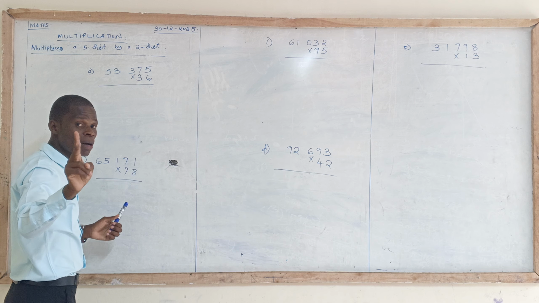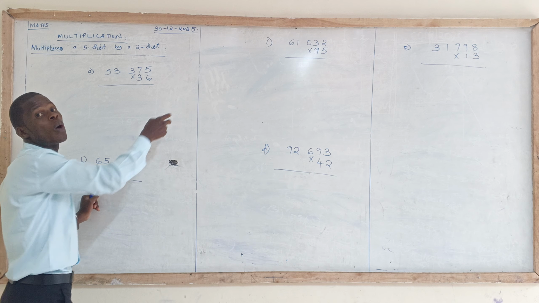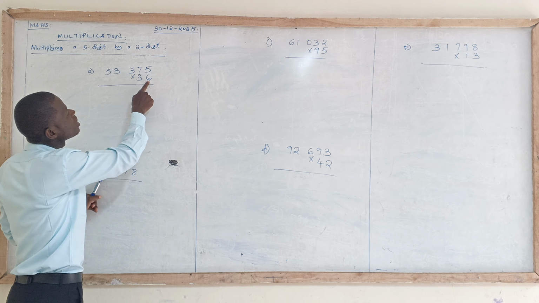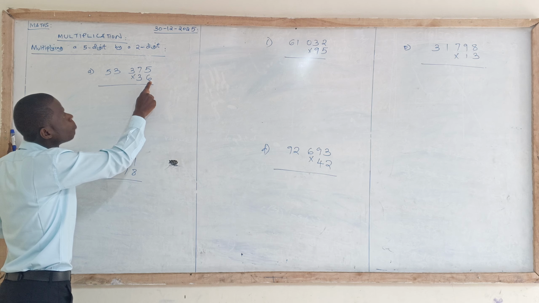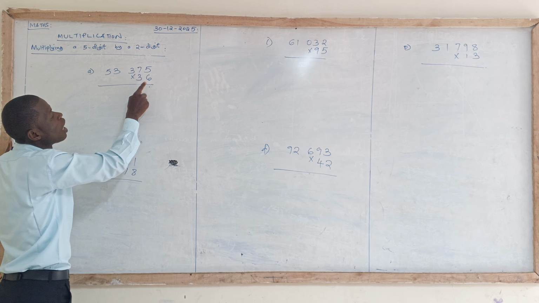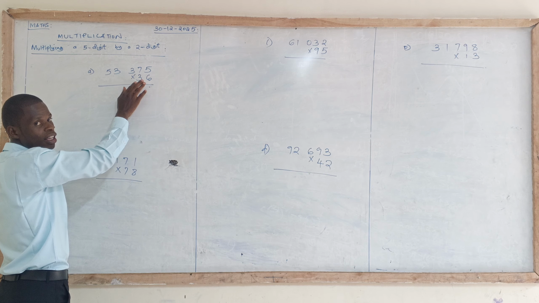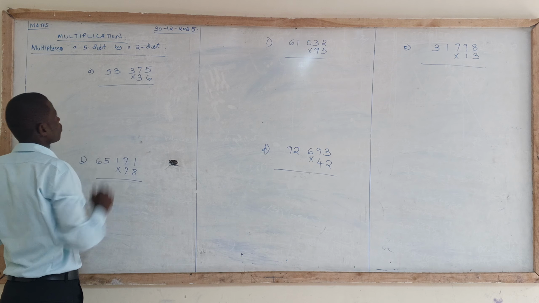When you are multiplying by a two-digit number, you start with the ones digit. So the ones digit here is 6. We start with 6 and multiply by every digit here. Then after we are done, we move to 3. So let us start. 6 times 5.